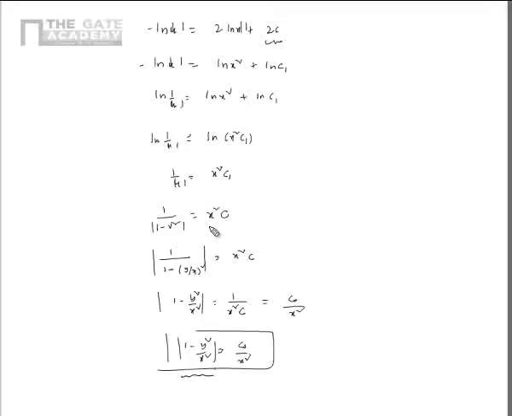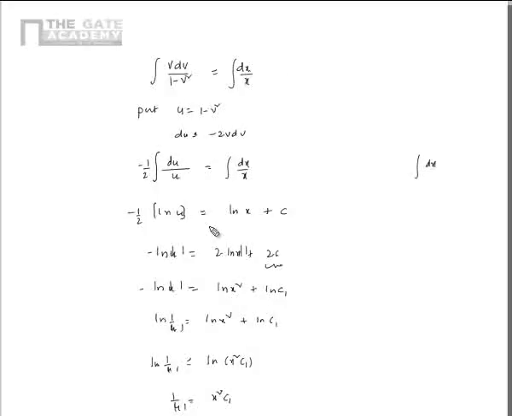Okay, so just remember that whenever you're taking an integration and it is 1 by x, I mean it's something like the integral of dx by x, it should be ln mod x. Because inside log you can't have negative values, so that's the thing. Okay, don't put ln x. Even if you put ln x, that thing is valid only for x greater than 0. So now this thing is valid for all values of x.